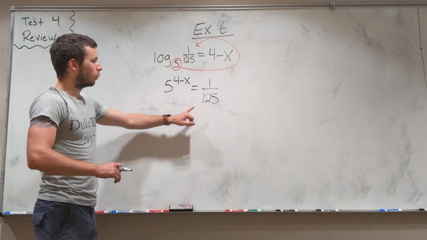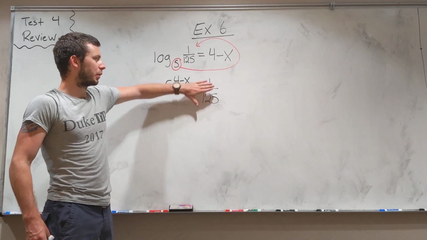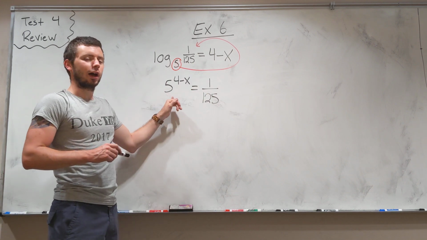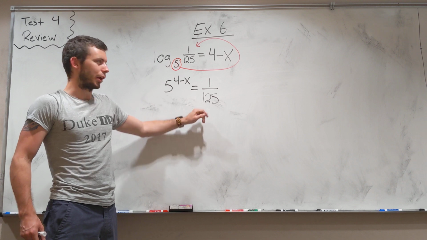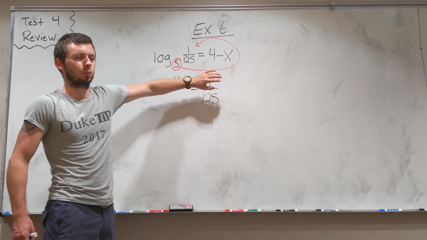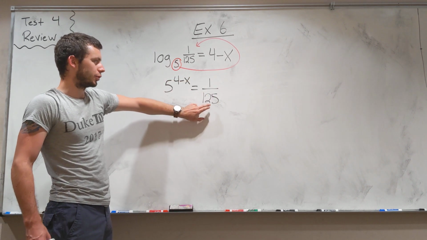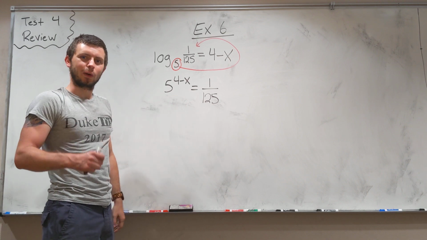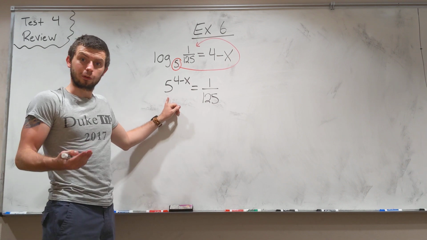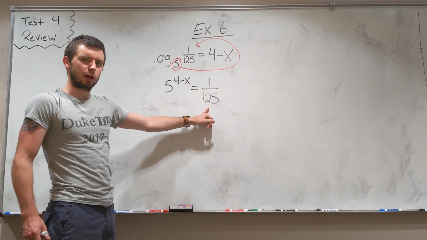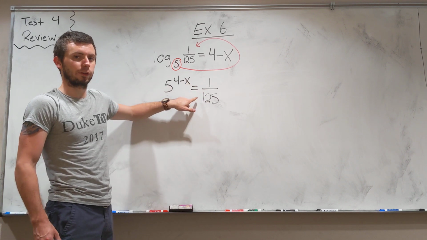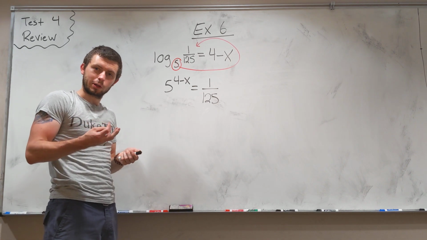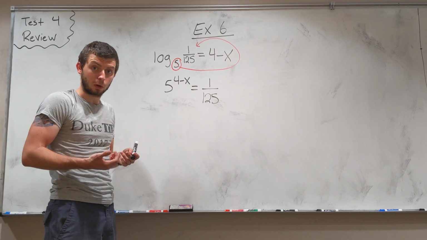but 125, so let's just think about 125 as a number. What power of 5 gives you 125? Not 1 over 125, just 125. So that's to the 3rd power. So 5 to the 3rd power is 125, but since it's 1 over that, we're not going to look at 5 to the 3rd power, we're going to look at 5 to the negative 3rd power.